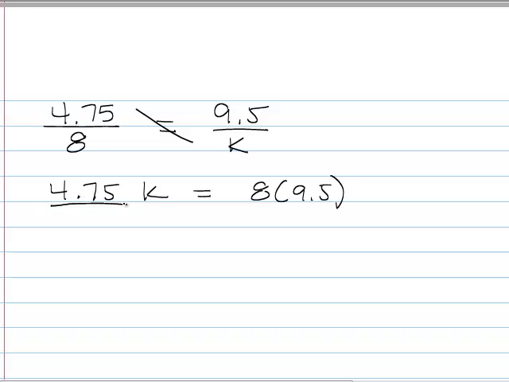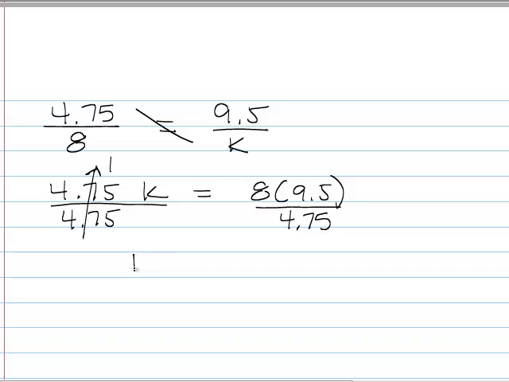All right, so I'm going to get rid of the 4 3/4 on this side by dividing by 4 3/4. That'll give me these 2 canceling, and that would go to 1, so I only have 1 K on that side. But we have to make sure things stay balanced and write that over here also.